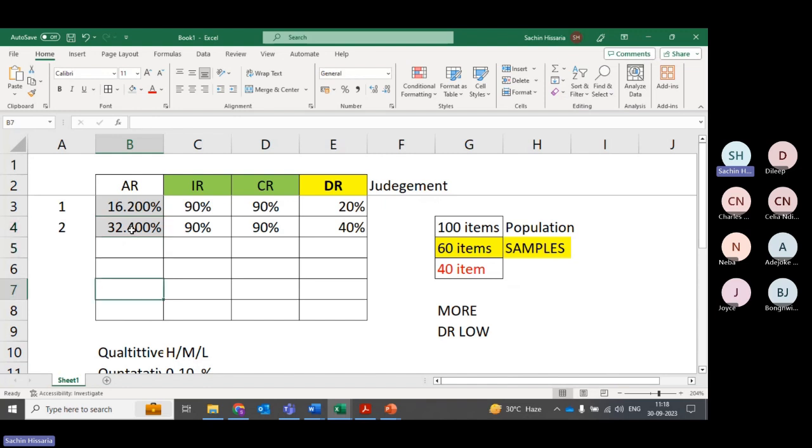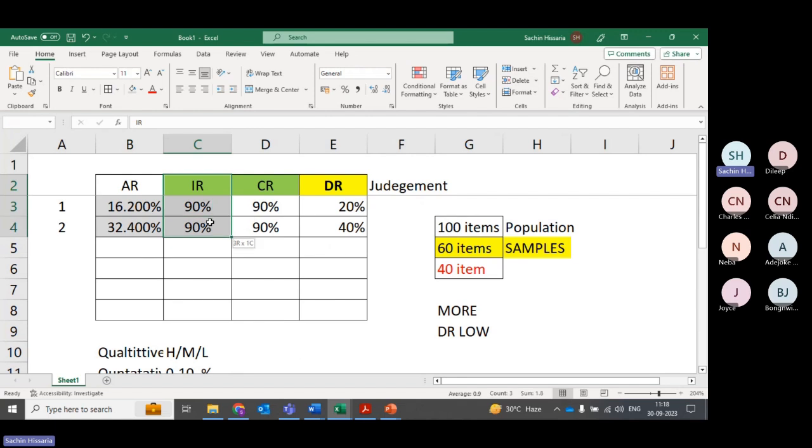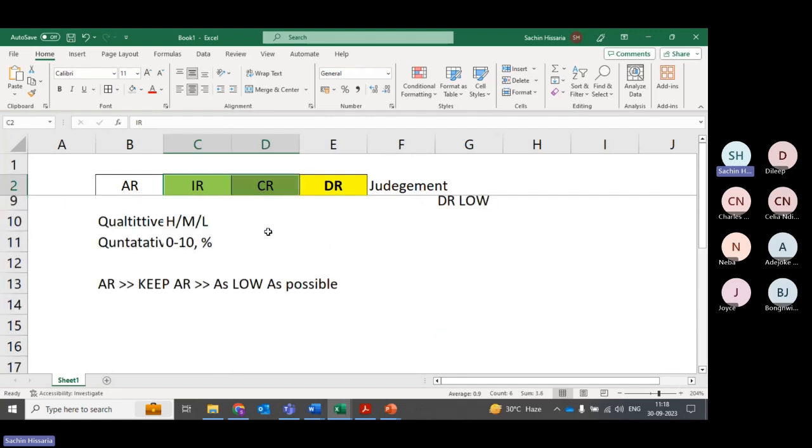So as an auditor, what is your main objective? Your main objective is to keep the audit risk as low as possible. To achieve this objective, the auditor will first assess the inherent risk and the control risk.